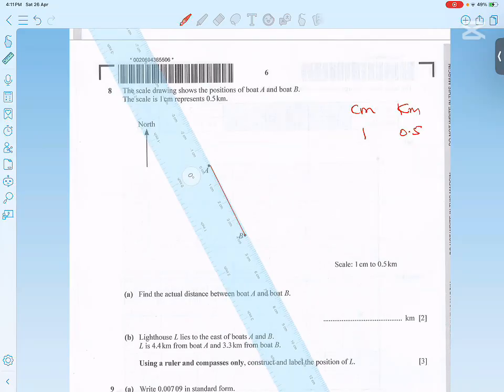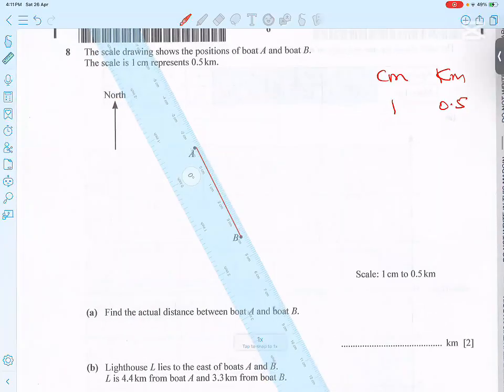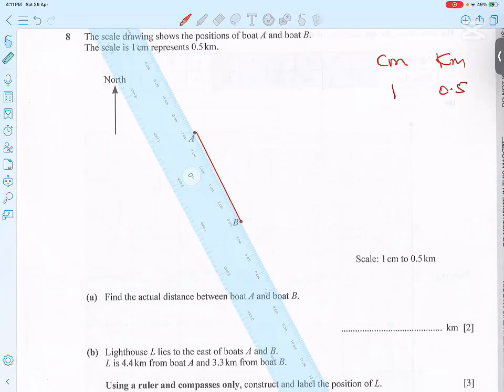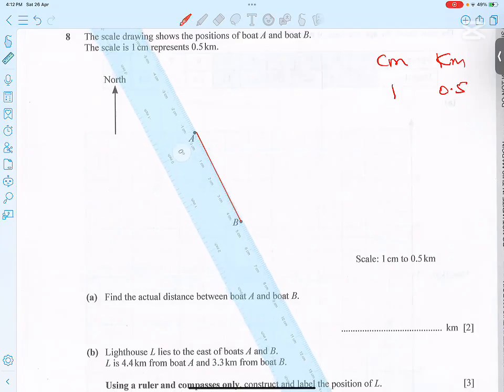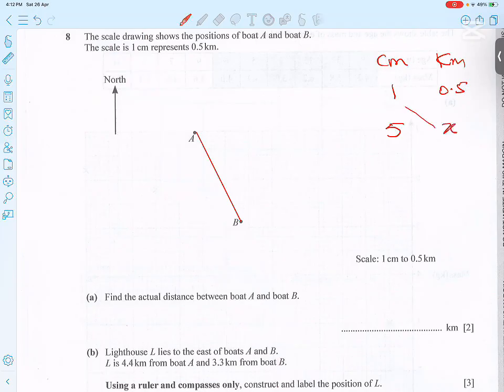That is why, because I've used this much printing. According to my diagram, wait a minute, 0, 1, 2, 3, 4, 5. 5 centimeters. I take 5 centimeters, and how many kilometers? Cross multiply.